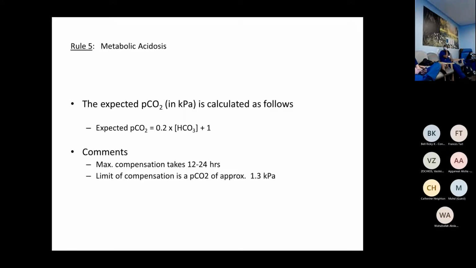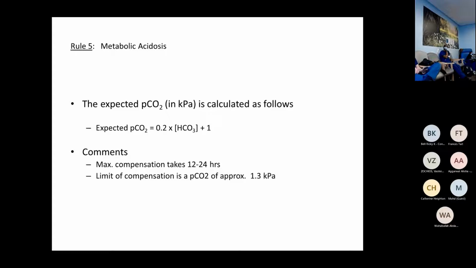In metabolic acidosis, you're looking at changes in PCO2. The expected PCO2 should be roughly a fifth of the bicarbonate plus 1. Again, this is something that might happen over hours, and again, there are limits. There are some amazing gases. I remember being at a lecture, I think at one of the intensive care society meetings in London, where they took gases on mountaineers on Mount Everest, compensating for hypoxemia with low CO2s.